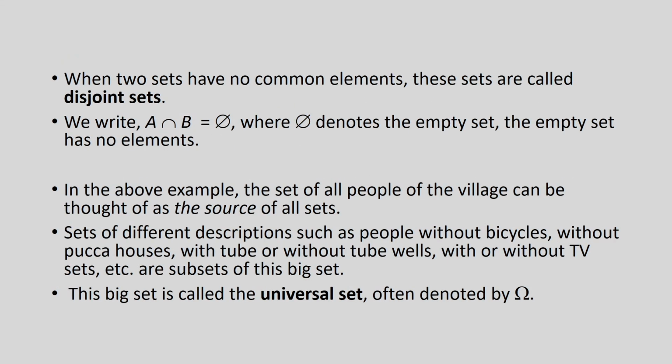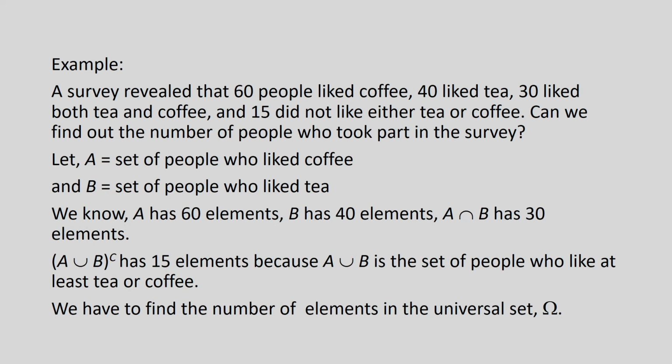Now, I am going to talk about another example today, and then maybe we can talk about some other topic in today's lecture. This is an example, rather an exercise, and we are going to solve this.